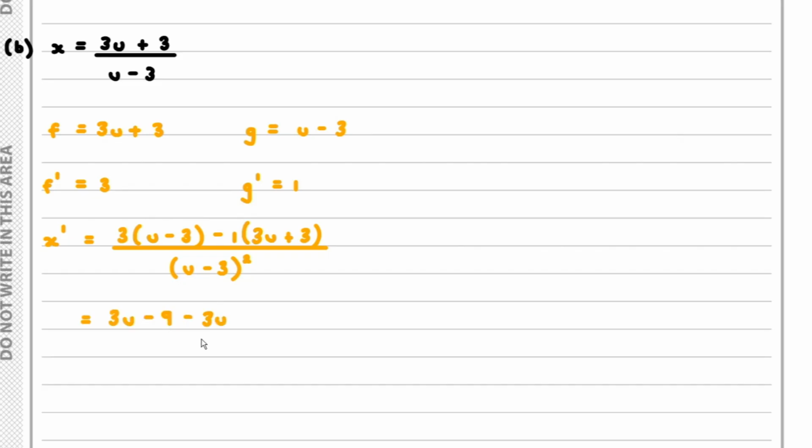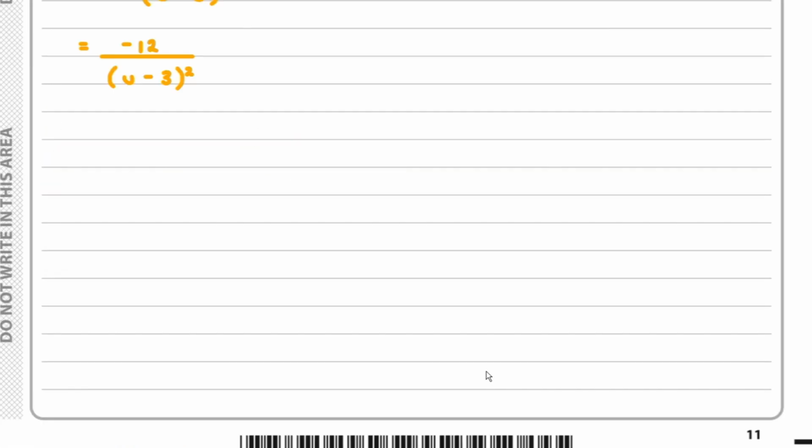So we've got 3u subtract 9 subtract 3u subtract 3 over (u subtract 3) squared. And we end up with negative 12 over (u subtract 3) squared. And from this we can state that dx will equal negative 12 over (u subtract 3) squared du.